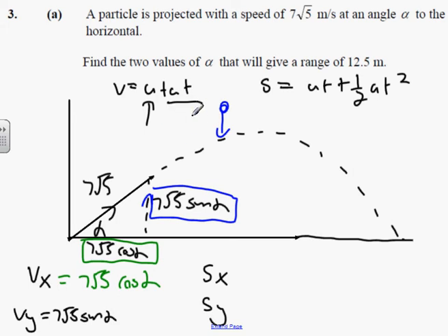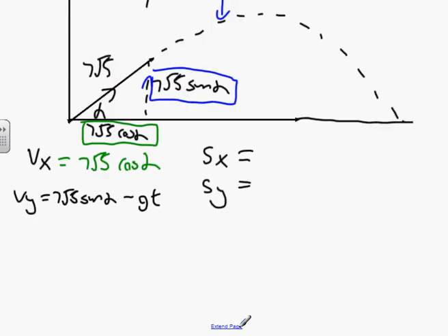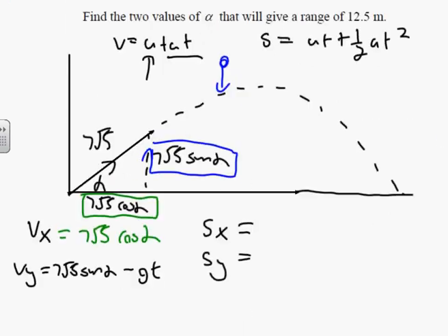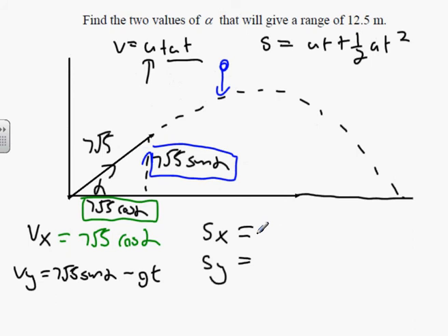That's what you start off with. Now you've got to take care of your a t. So what's our a t? It's minus gt. Okay. Now, sx is very easy. It's ut plus a half at squared. However, for sx, it has no acceleration, so that's going to be 0.